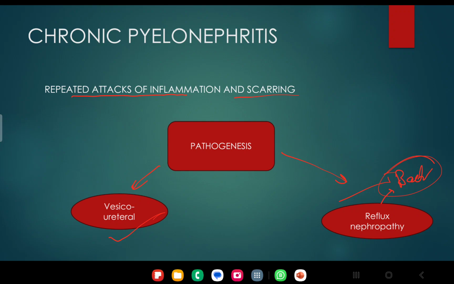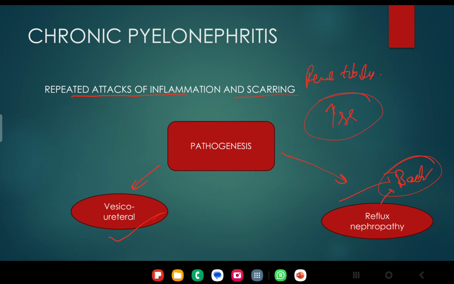So the ureter is not compressed during the act of micturition and backflow of urine is possible. This backflow increases pressure in the renal pelvis, so that the urine is forced into the renal tubules, and this leads to damage of the kidney and scar formation.